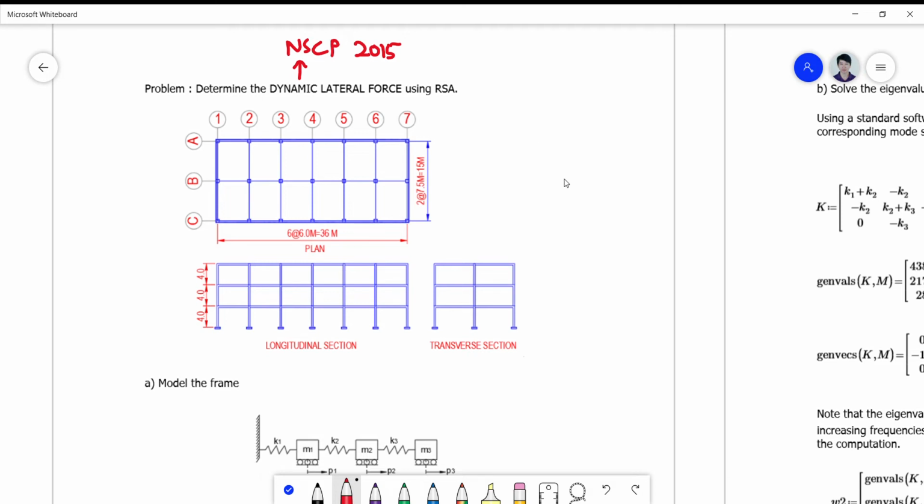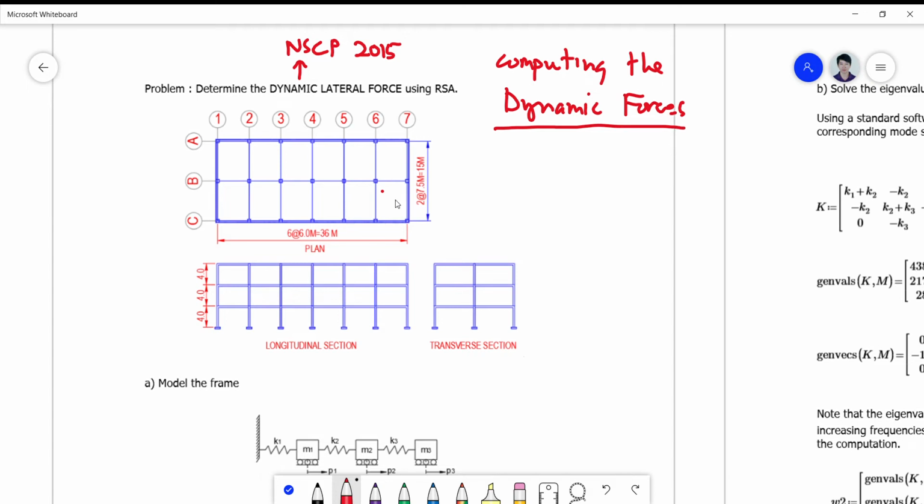Okay. So I'd like to point out that the dynamic lateral force procedure is not really a dynamic analysis in the sense that we are just computing the dynamic forces that we are going to use in a static analysis.